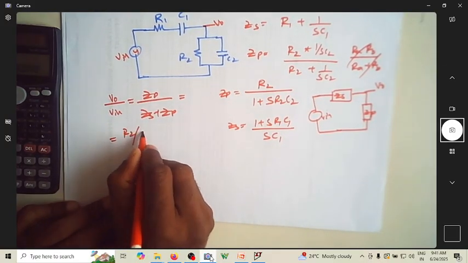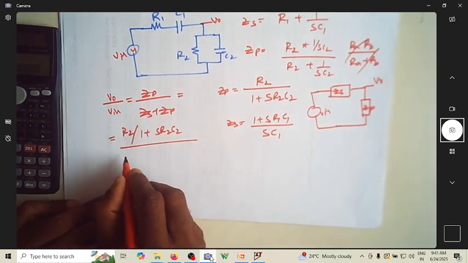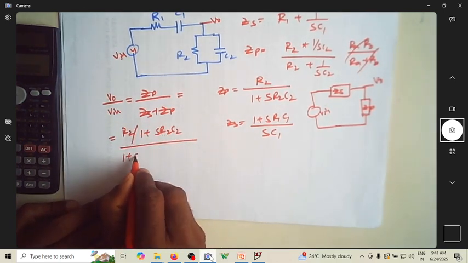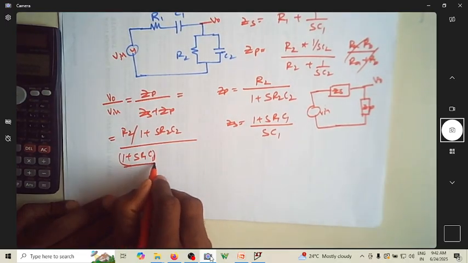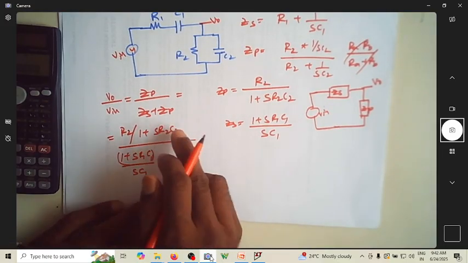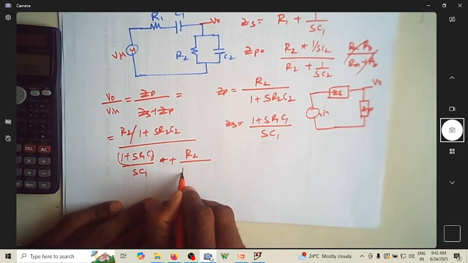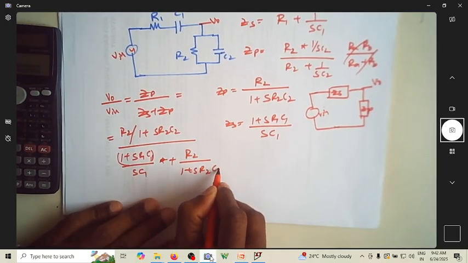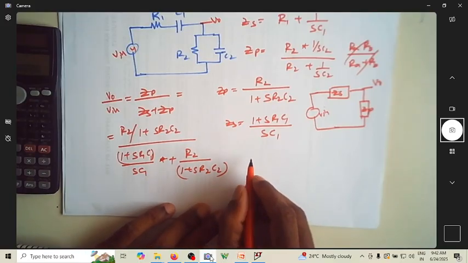ZP is R2 by 1 plus S R2 C2. What is ZS? It is 1 plus S R1 C1 by S C1 plus ZP, which is R2 divided by 1 plus S R2 C2. This is what I have.